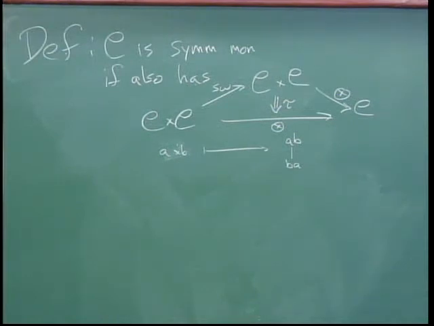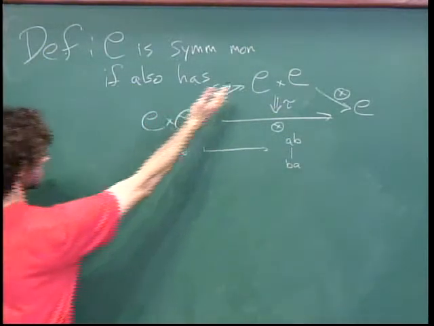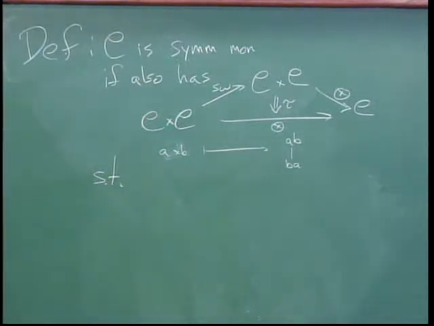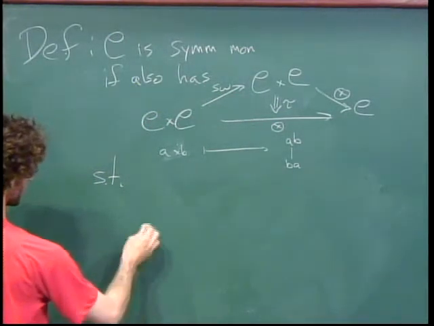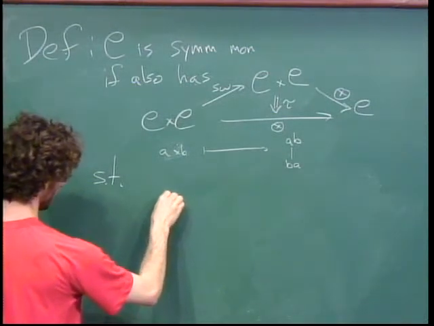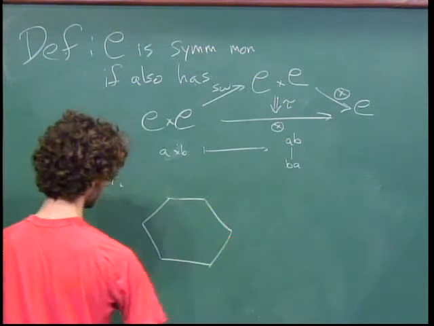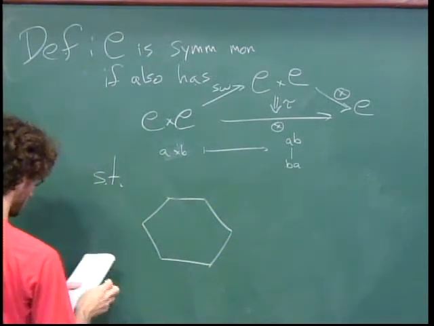Sorry, I realize it's getting a little small again. Okay, but we need this transformation to satisfy some coherence conditions, as you might imagine. And those coherence conditions come in the form of 2 hexagons. So let me say what those are.